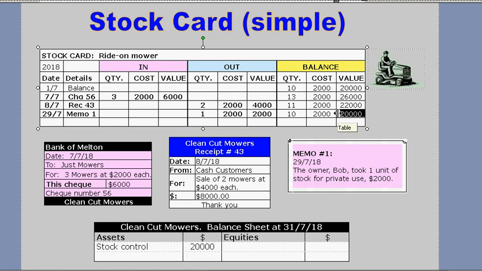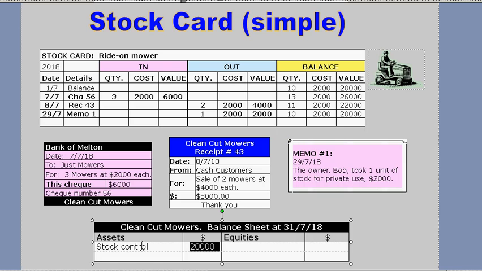And if we did a balance sheet at this particular point in time, we would record stock, a current asset, an asset to the business worth $20,000. Remember, in this business there is only one type of stock. It could be that a business has many different types of stock.